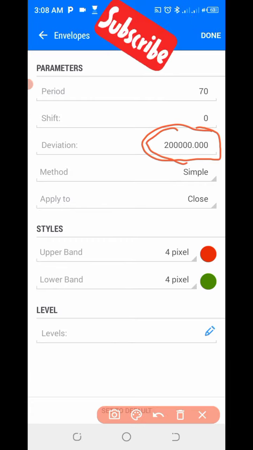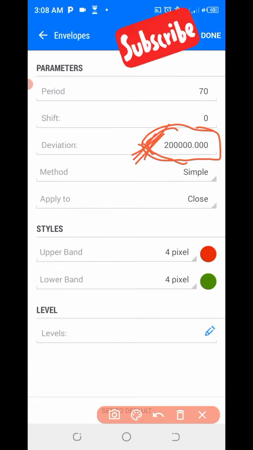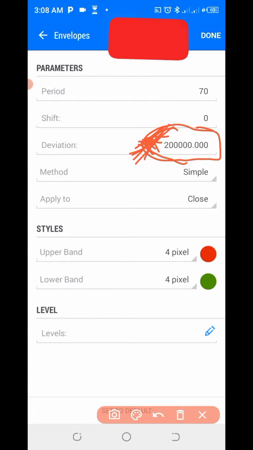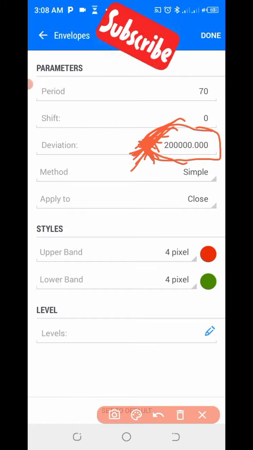Why? Because we are viewing the momentum and the trend with 2 different indicators, so whichever one gives us the signal, we can see what we need to see. That's why we are using the same deviation for the 2. This is part of the pros and cons of this strategy.